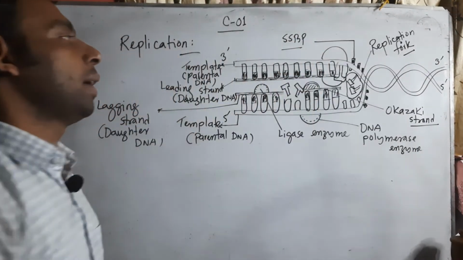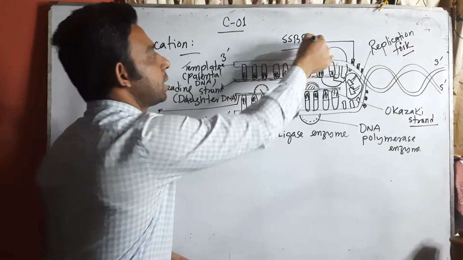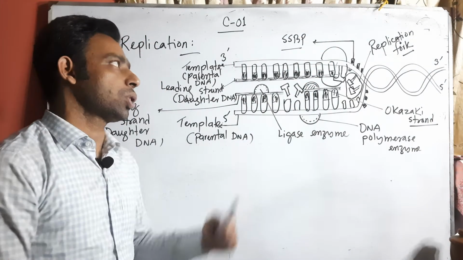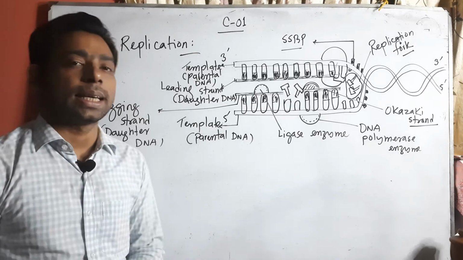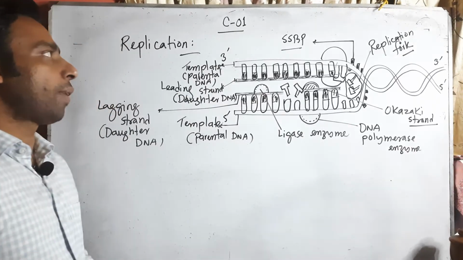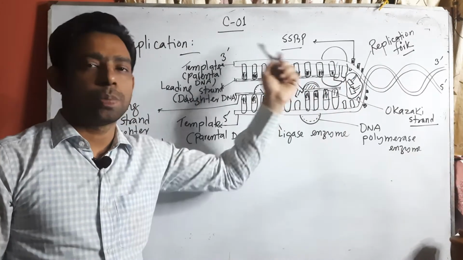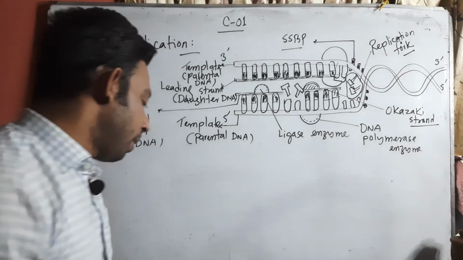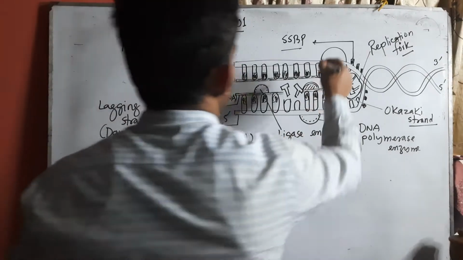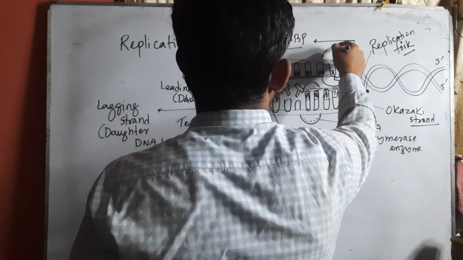Okay, in MCQ or short question types, they will ask what is SSBP. So you will write single strand binding protein. So these are the SSBP, single strand binding protein, and this one also acts as DNA polymerase.